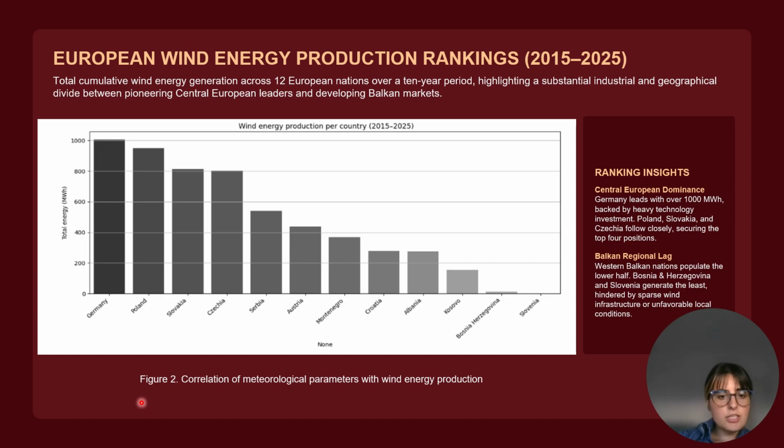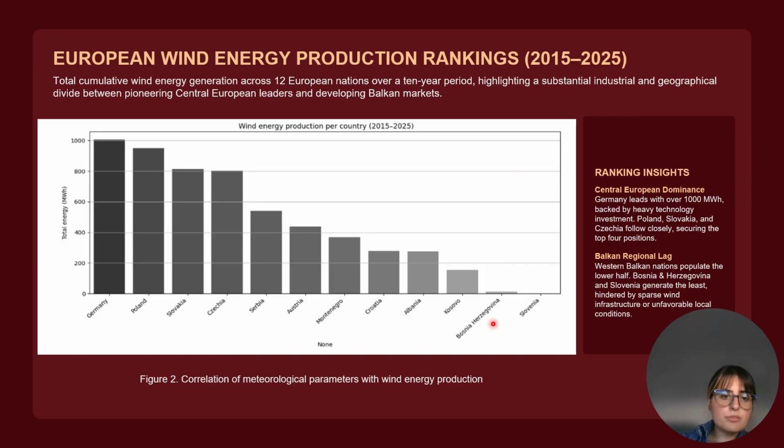Here we have the correlation of meteorological parameters with wind energy production over all 12 countries in the 10-year period, highlighting an industrial and geographical divide between Central European leaders and developing Balkan markets.